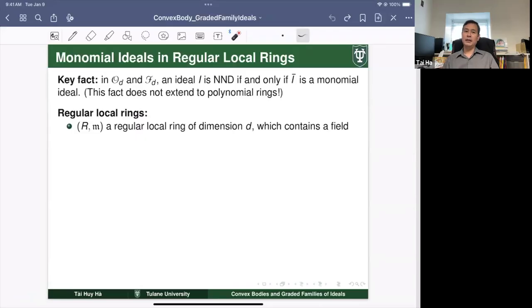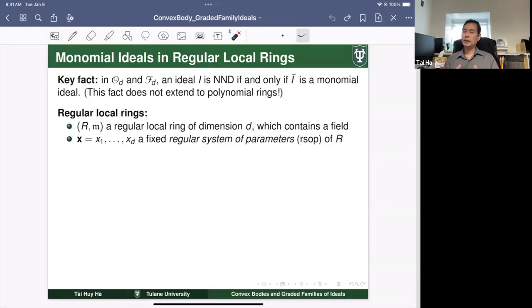So let me tell you how one defines NND ideals that actually generalize monomial ideals in the context of regular local rings. Before doing that, let me also define what is meant by monomial ideals in regular local rings. So here we're going to fix a regular local ring of dimension d, and I'm going to assume that it contains a field. And we're going to fix a regular system of parameters x, which is x1 up to xd.